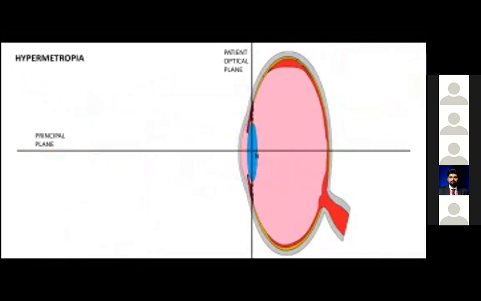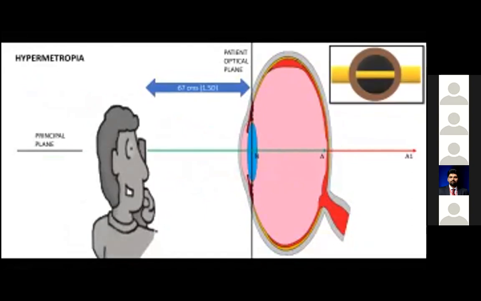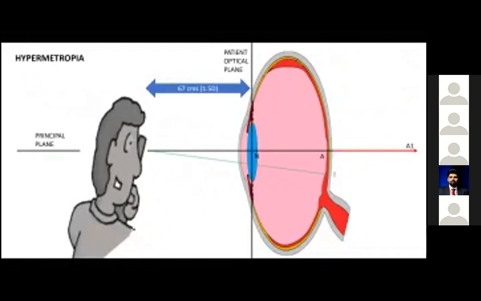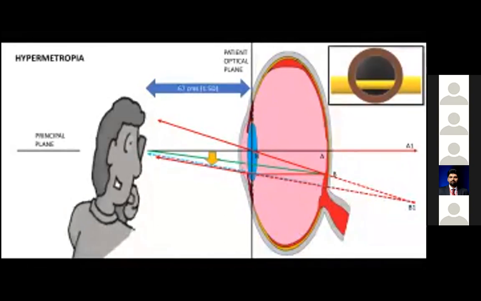Coming to hypermetropia, again the same thing, point A of the retina is illuminated and point A1 will be projected, which is behind the patient's eye because that is the far point. On moving the retinoscope downwards, point B1 will be projected, and if we draw the line from point B1 to the retinoscope, we again see that the movement is downwards with respect to the principal plane. So in hypermetropia, we have again a with motion.